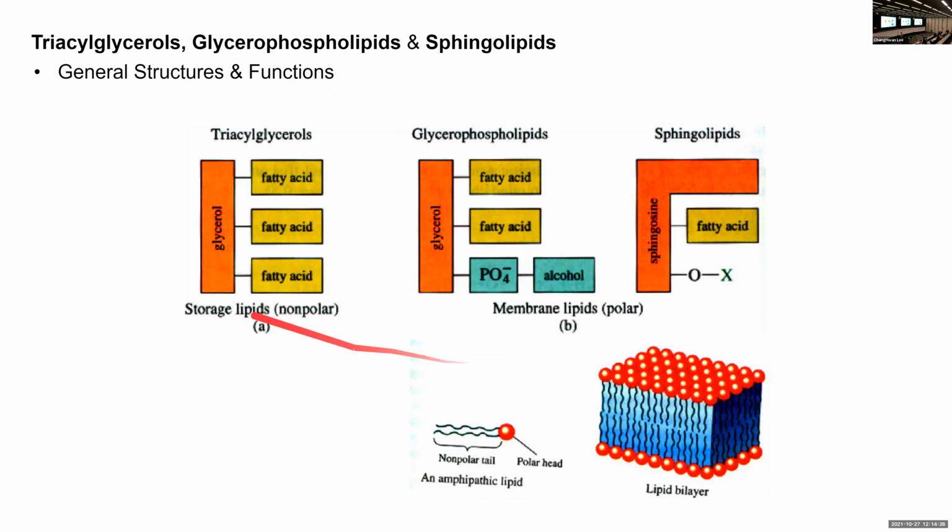And again, we talked about the lipids, especially triacylglycerols, glycerophospholipids, and sphingolipids. Glycerophospholipids are important because they contain a phosphoryl group, which makes the head really polar, right? And that is an important property for getting into the biomembrane.